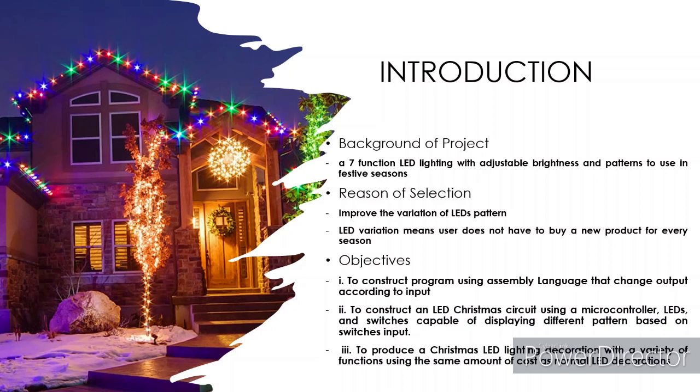First is background of this project. 7-function LED lighting with adjustable brightness and pattern to use in festive season. So we use a variation brightness for this circuit. We can see for reason of selection, improve the variation of LED's pattern. Second, LED variations means user does not have to buy a new product for every season.